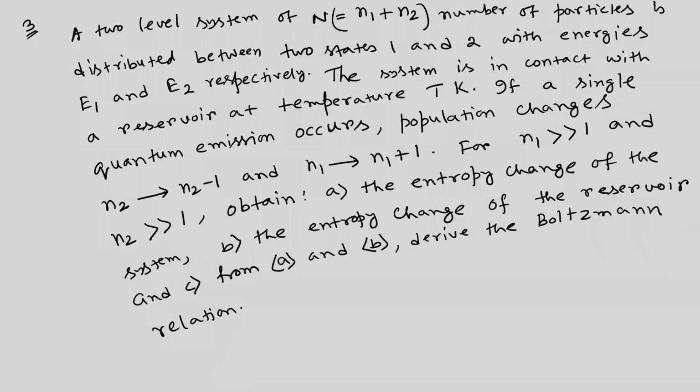If a single quantum emission occurs, the population changes n2 to n2 minus 1 and n1 to n1 plus 1. For both n1 and n2 much greater than 1, obtain the entropy change of the system for the process, the entropy change of the reservoir, and from the answers of A and B, we need to derive the Boltzmann relation.